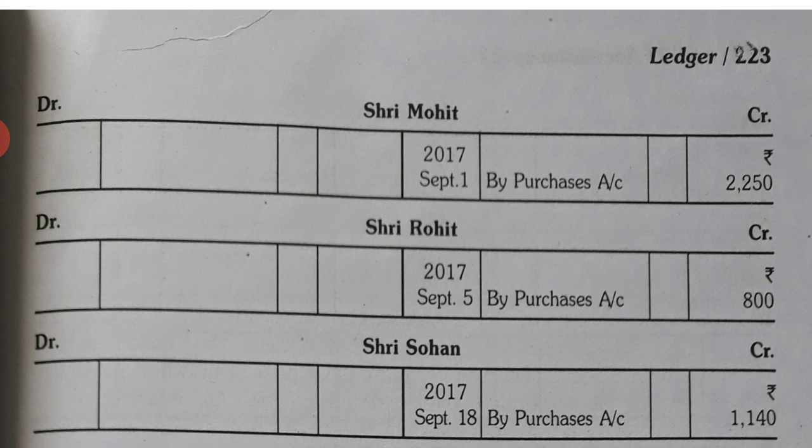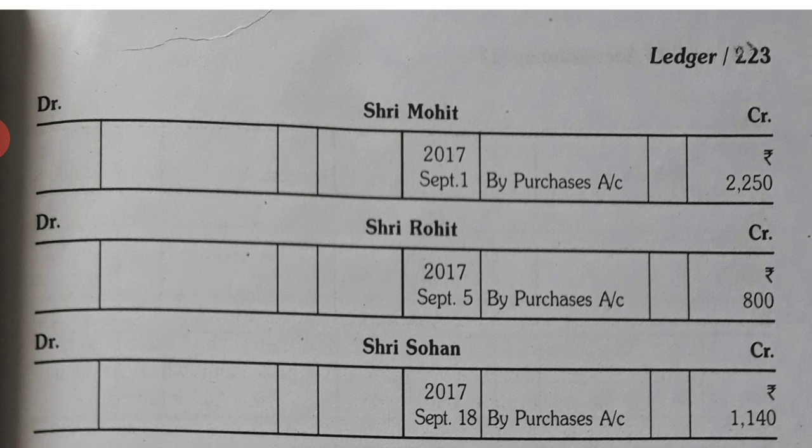So on the credit of all these three accounts we write the name of the account which was debited, so it was purchase account. Therefore we write the entry purchase account and the respective amount individually in each account.